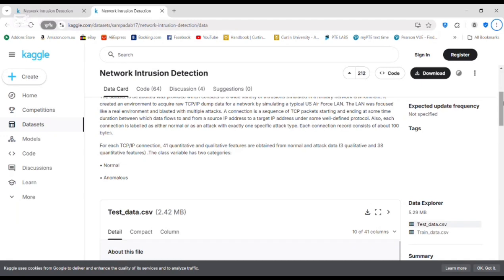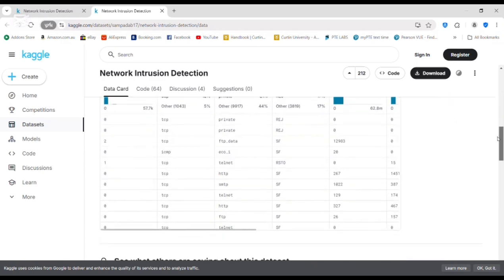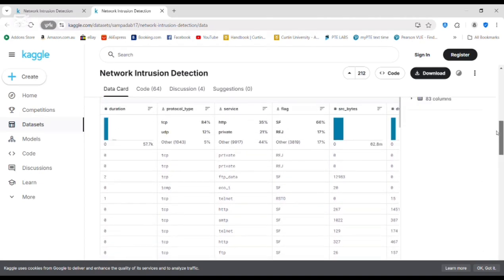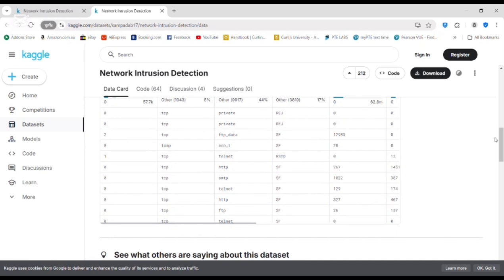I found a good dataset from the internet for my project. I came across a really useful traffic dataset with over 22,500 rows and 41 columns. It has a variety of features like the duration of each connection, the protocol type, the service being used, and the amount of data transferred, both sent and received.